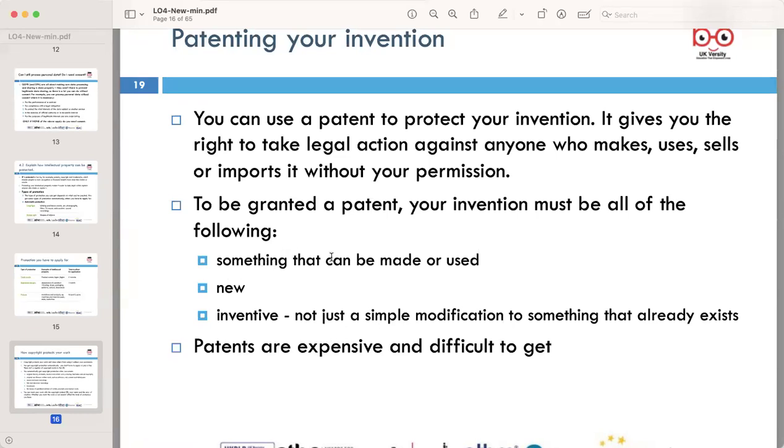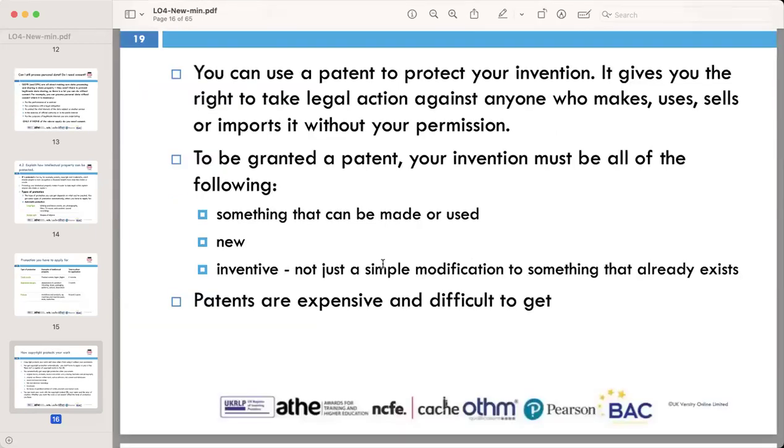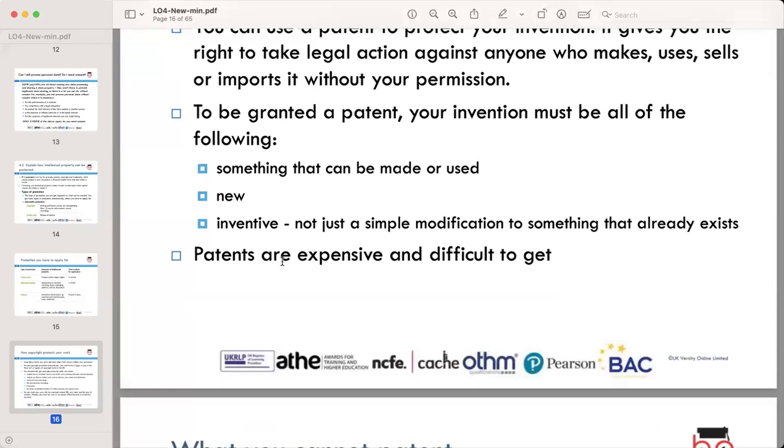It must be something that can be made or used. It must be new, and it must be inventive, not just a simple modification of any existing design. However, obtaining patents can be both costly and challenging. Patents are expensive and difficult to get.